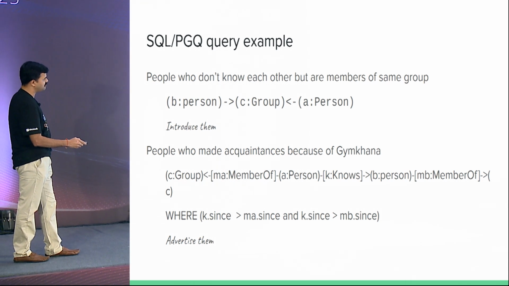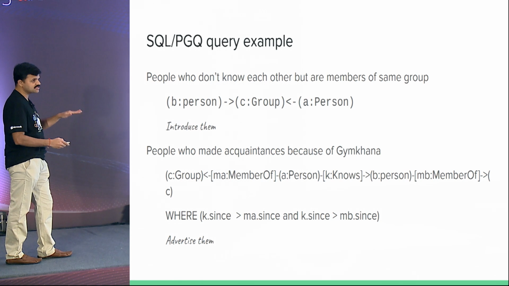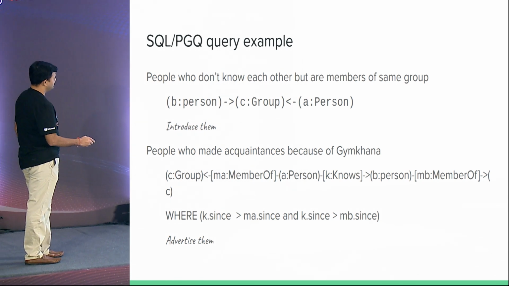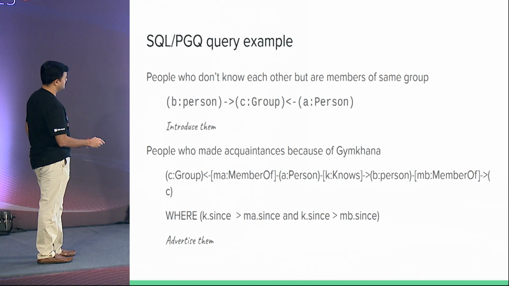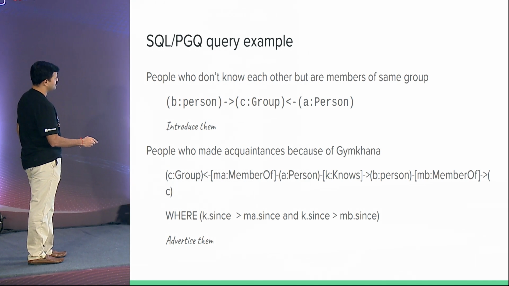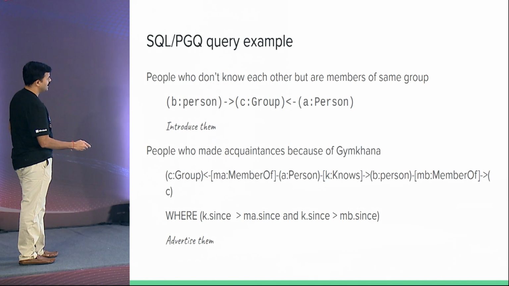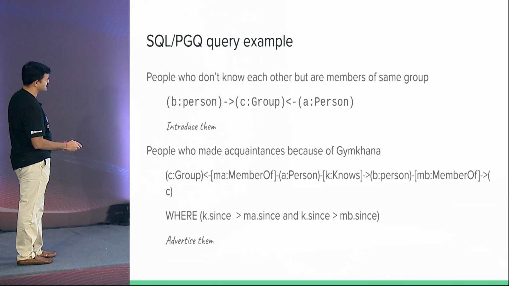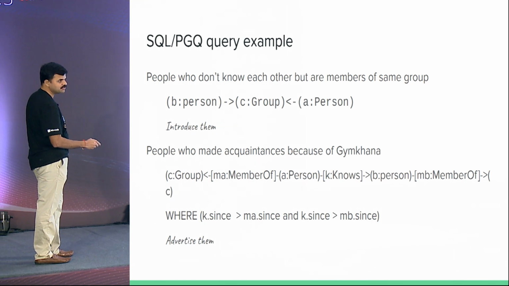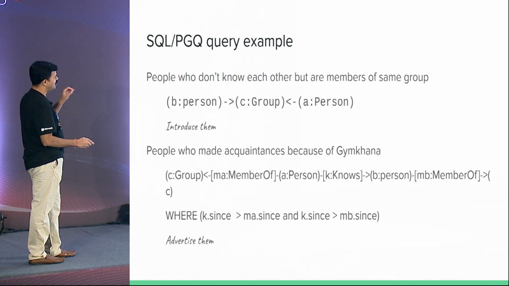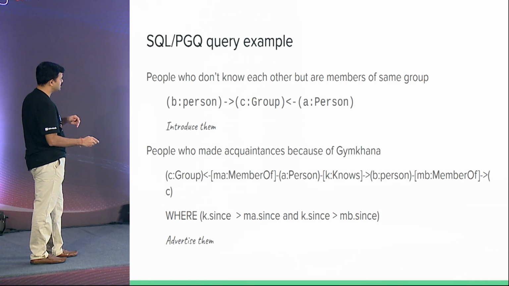That's why we have MA and MB, even though both of these point to the same edge table. But the fun is here, we are saying that this vertex is of type group. So A should be connected to C, which is of type group, and B also should be connected to C, and we have already declared that it has to be of type group. And that's how we complete this query, which will link all the A and B who know each other and are also members of the same group.